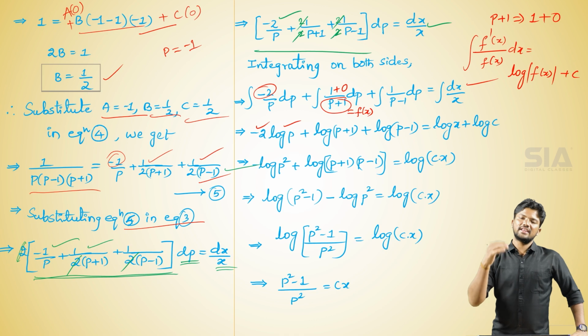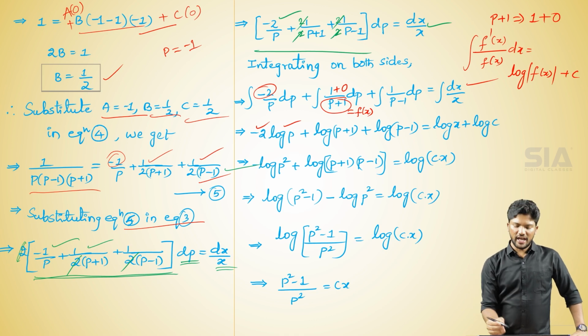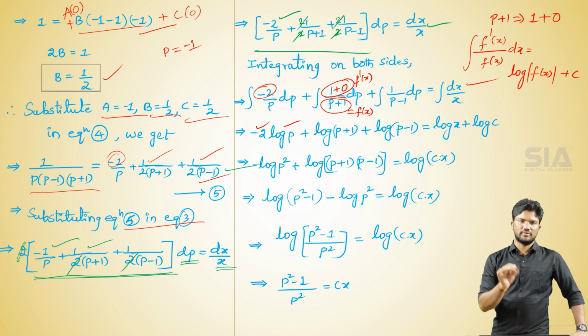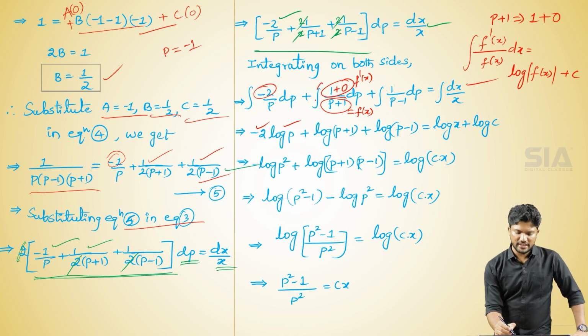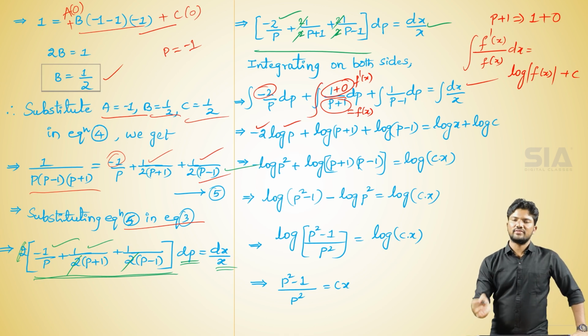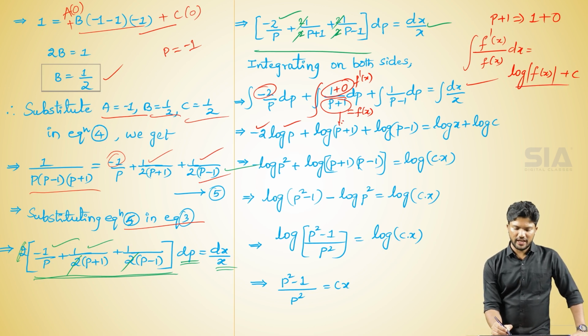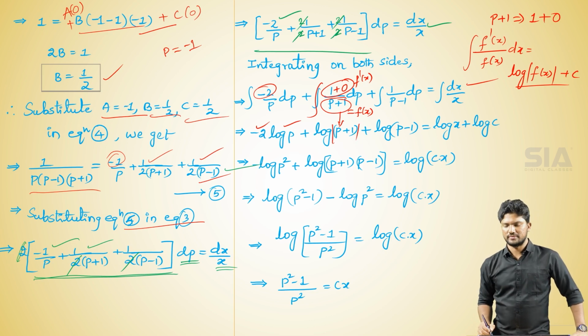So in the numerator you have the f dash of x value, and in the denominator you have the function f of x. So integration of f dash of x by f of x dx is equal to log mod f of x plus c. In that place we are writing log mod (p plus 1) plus.